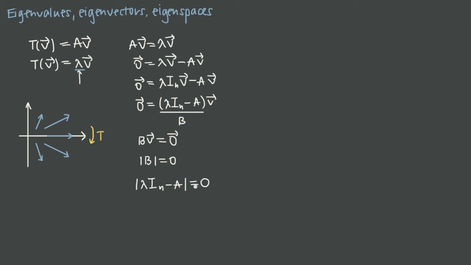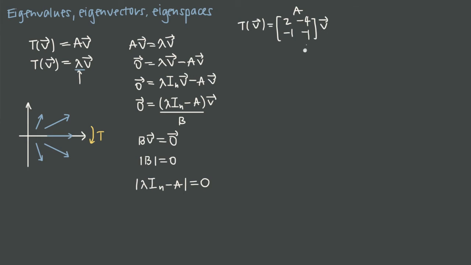So let's take an example and walk through how we would go about using this equation to find eigenvalues and then eigenvectors. So let's say we're given some transformation, and it's given to us as the matrix vector product, and we have for the matrix 2, -4, -1, -1. So this transformation takes vectors v and applies this transformation matrix, which is the matrix A, to transform those vectors v.